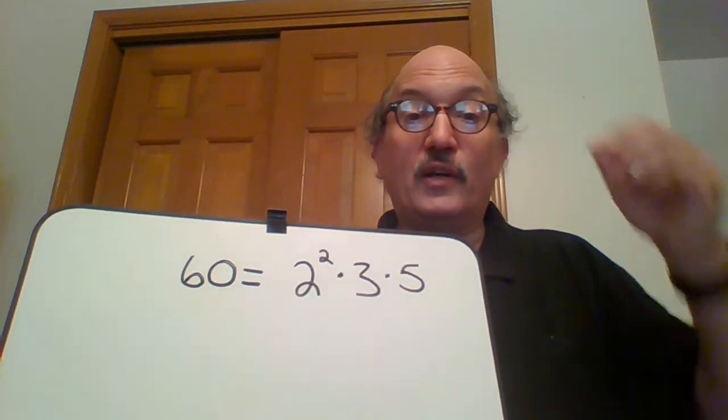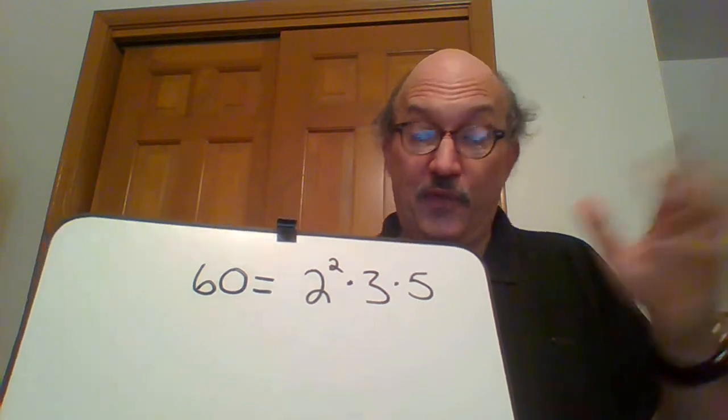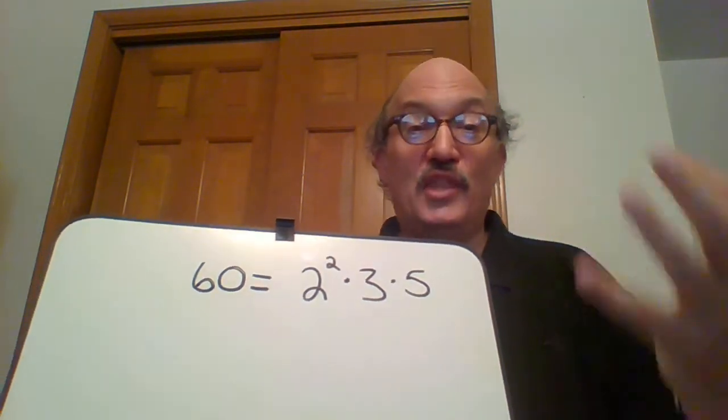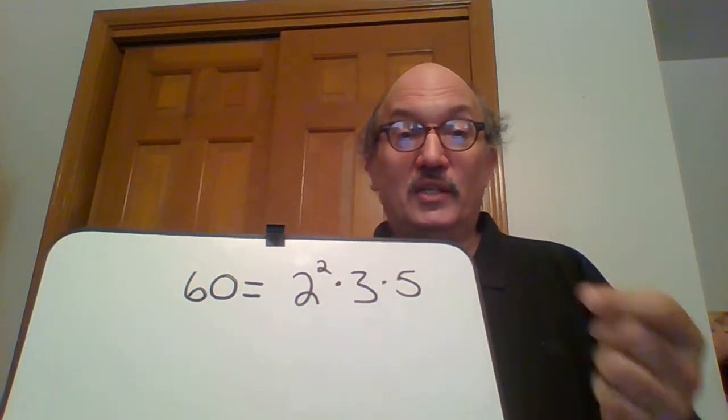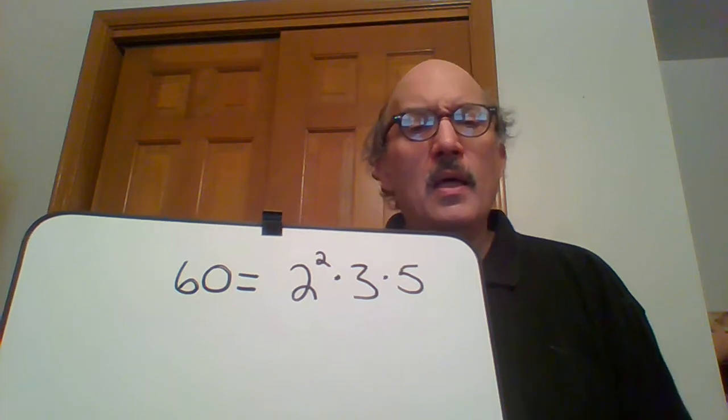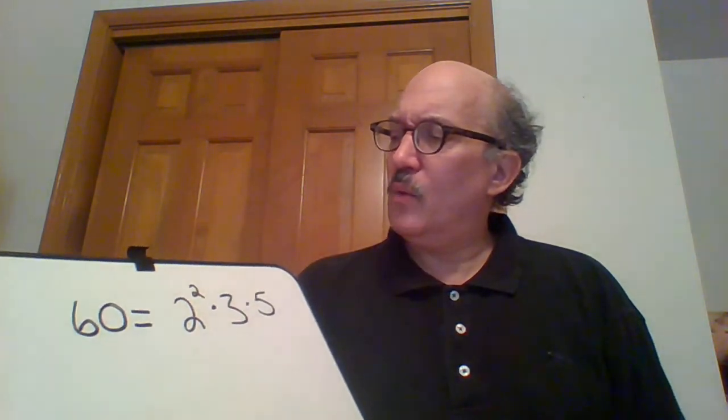Work it out. Make a factor tree. No matter how you do the factor tree, if you don't make a mistake, you'll get this. Remember the fundamental theorem of arithmetic. The whole number 60 has only one prime factorization, and there it is. Well, what if I asked you to find the prime factorization of 120?